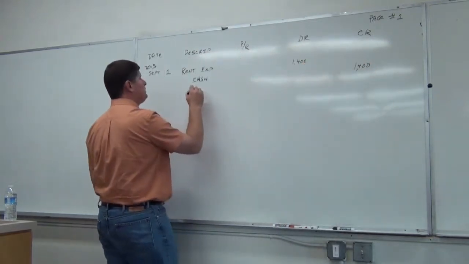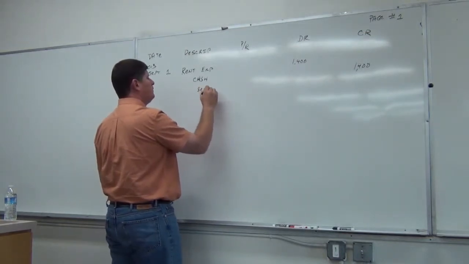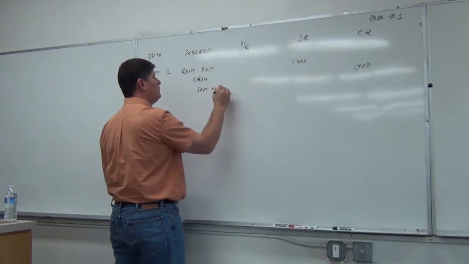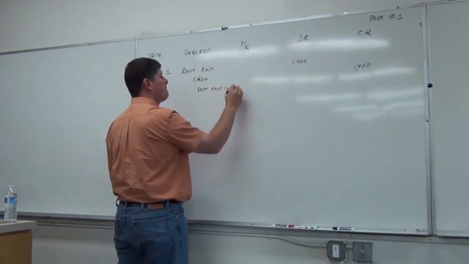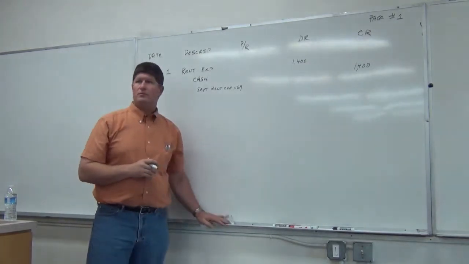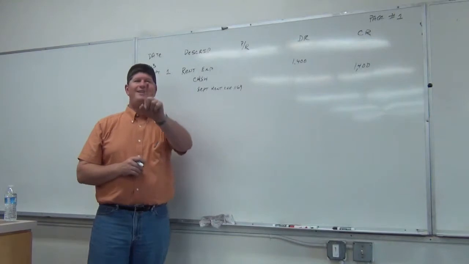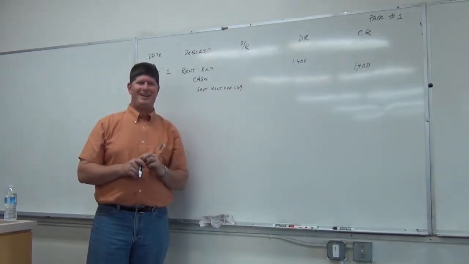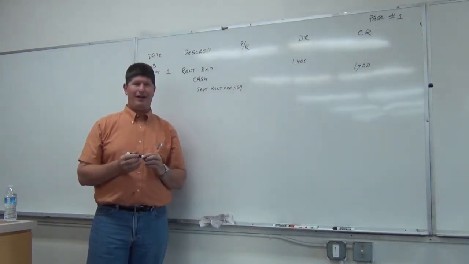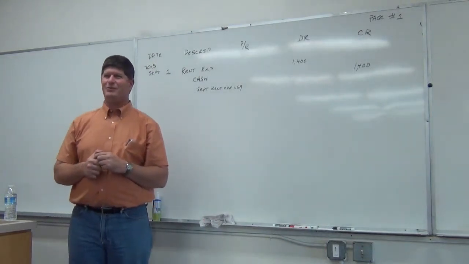And our description is September rent, check 1169. Okay. Should we use account numbers? Not yet. We will go there, I promise you. Was there another question?